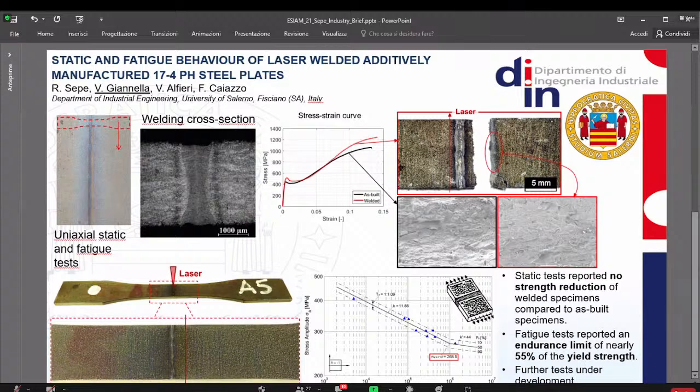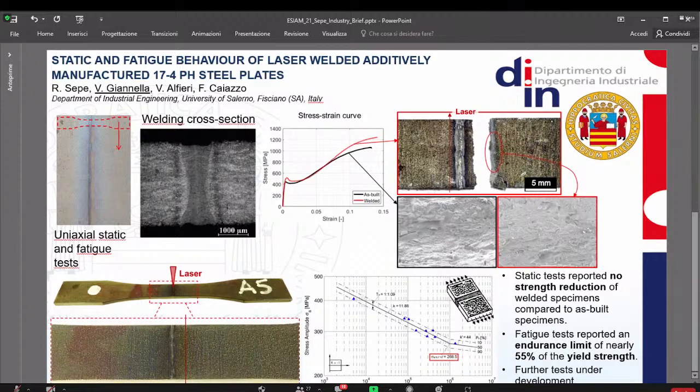We can see that the failures occurred sufficiently far from the welding line, and looking also at the fracture surfaces, we observed a similar structure, in red, between the welded and the as-built specimens, which we can see in the black square. Also in terms of mechanical properties obtained from these tests, we did not notice any appreciable difference between the specimens at the level of significance of ±2 sigma, so 95%.